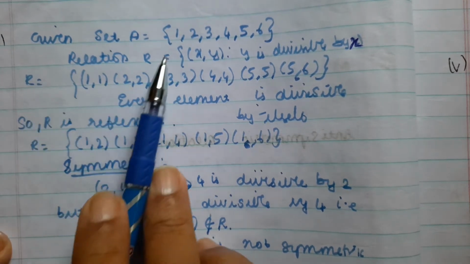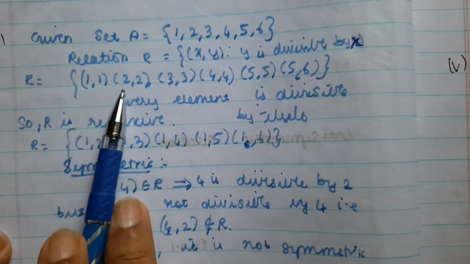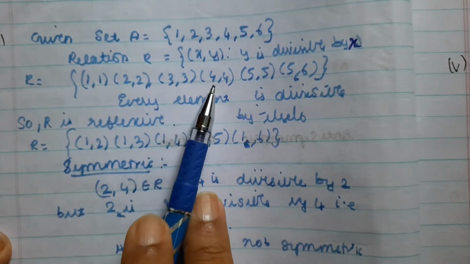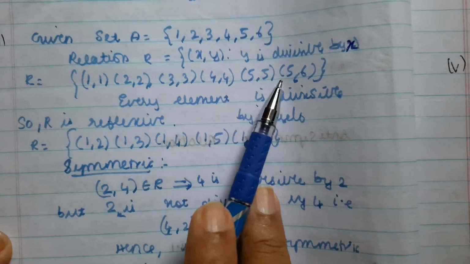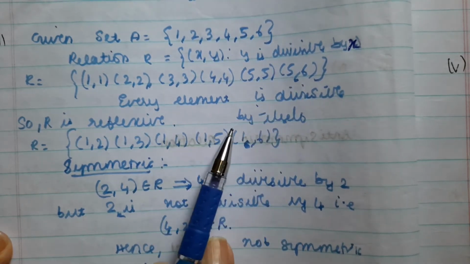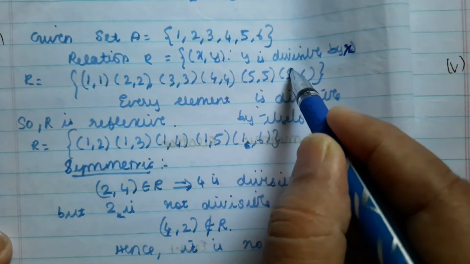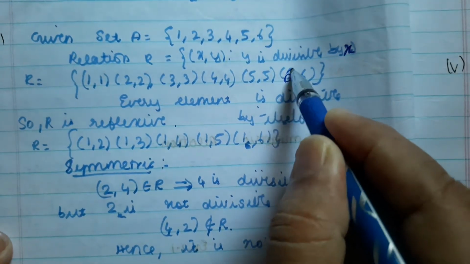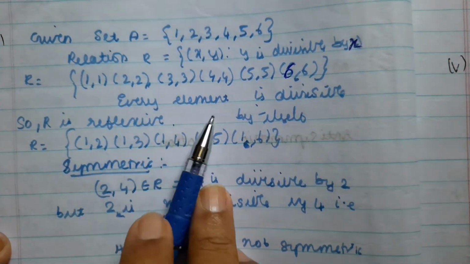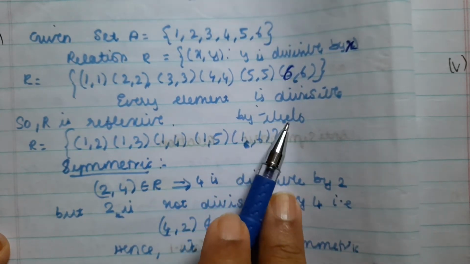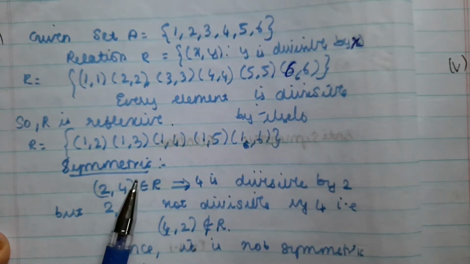R. So, we are writing the subsets (1, 1), (2, 2), (3, 3), (4, 4), (5, 5), (6, 6). Every element is divisible by itself.